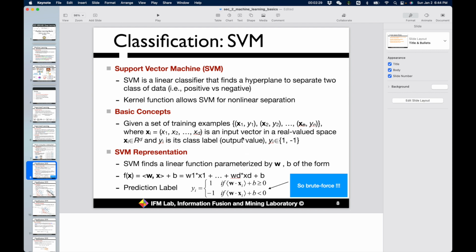Given a data instance, the feature vector X, we can calculate the inner product between W and X. We can define this f(x) as a mapping first, right? In this way, we can get all the feature values summed up with weights denoted by W.